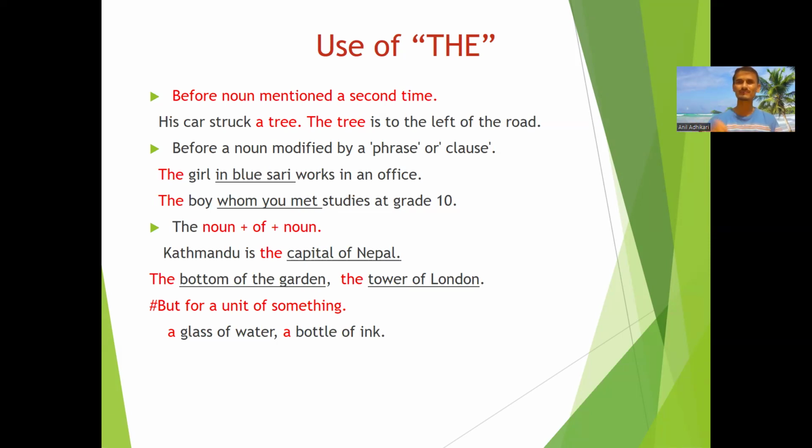Is it clear? Now, before a noun modified by a phrase or clause. Sometimes a noun may be modified by a phrase or clause, and in that situation we have to use the. It indicates a particular, identified person. Now look at it: the girl in a blue sari works in an office. Who works in an office? The girl in a blue sari. That is a pointed, particular, defined one.